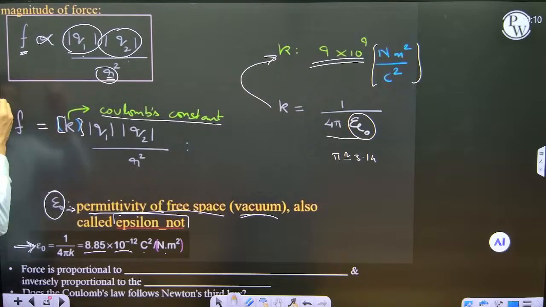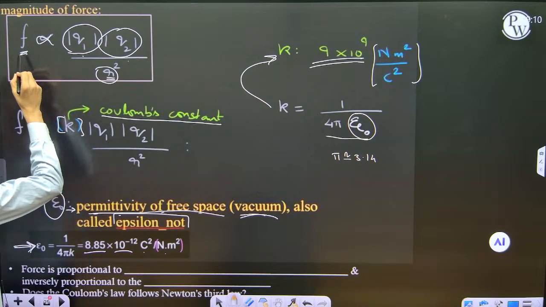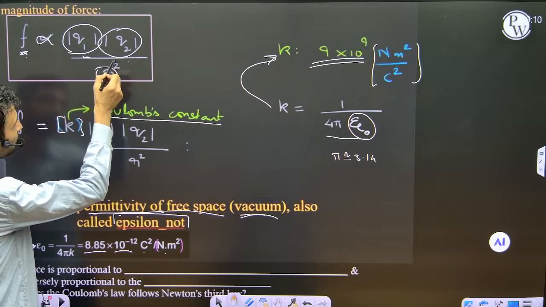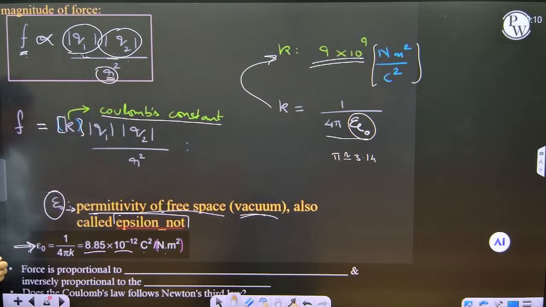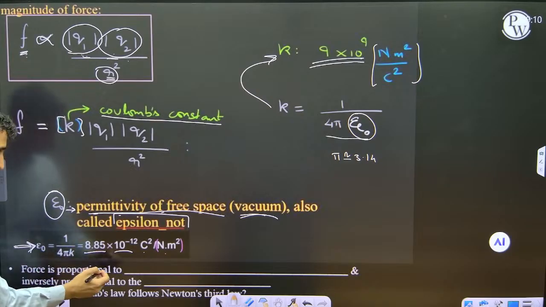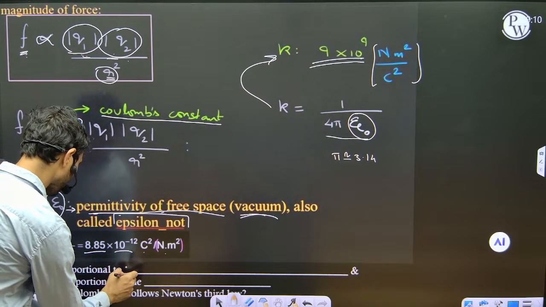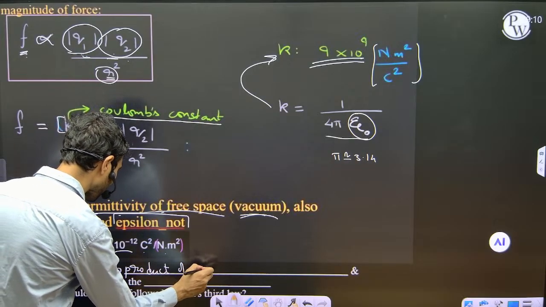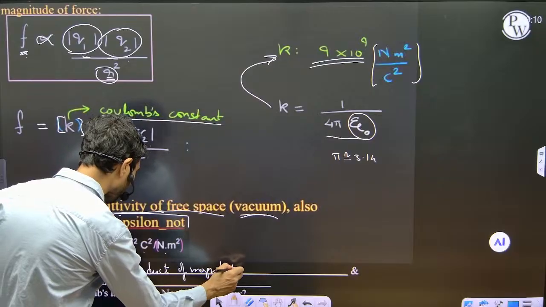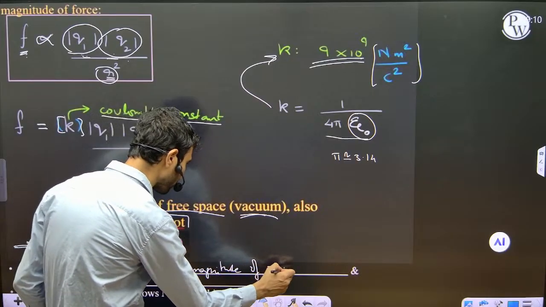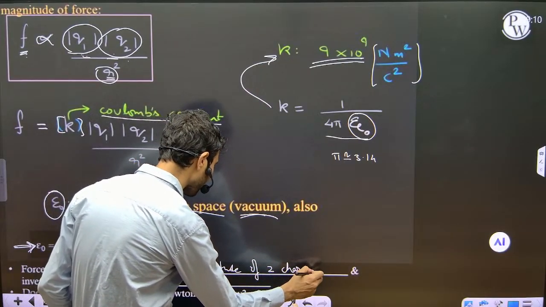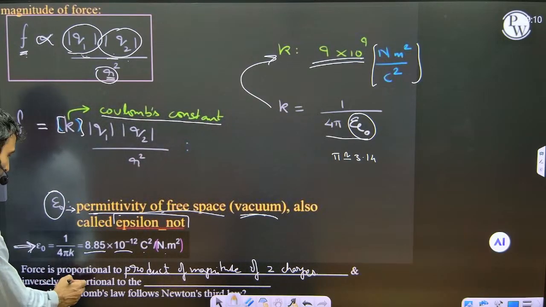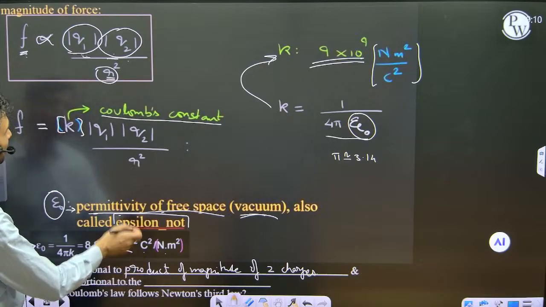So what is the force proportional to? The force magnitude is proportional to the product of the magnitude of two charges. So we can write force is proportional to the product of magnitude of two charges, and inversely proportional to what?